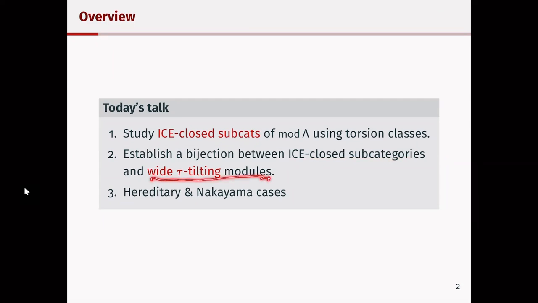This is a generalization of support tau-tilting modules, and this bijection generalizes Adachi-Iyama-Reiten's bijection. And in the final section, I will briefly explain more things about hereditary and Nakayama cases.